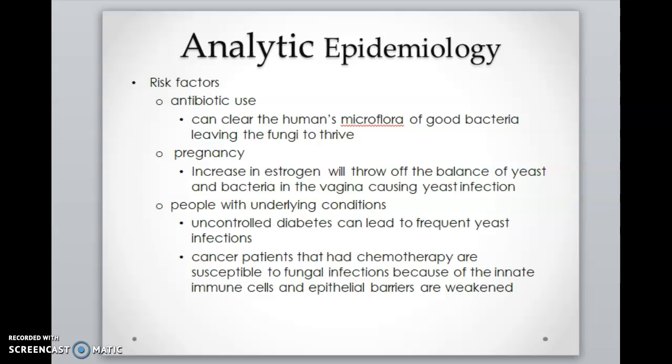And then people with underlying conditions like uncontrolled diabetes can have frequent yeast infections. Cancer patients who had chemotherapy are susceptible to fungal infections because the innate immune cells and epithelial barriers are weakened.